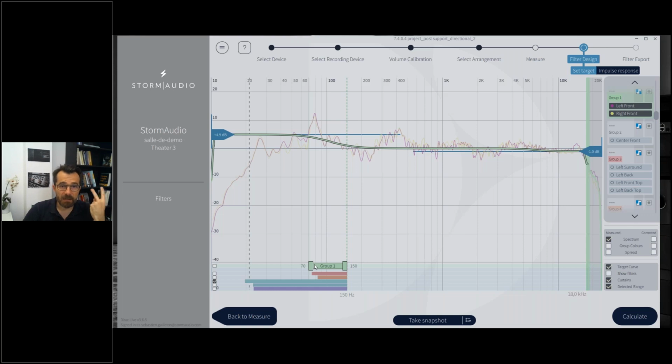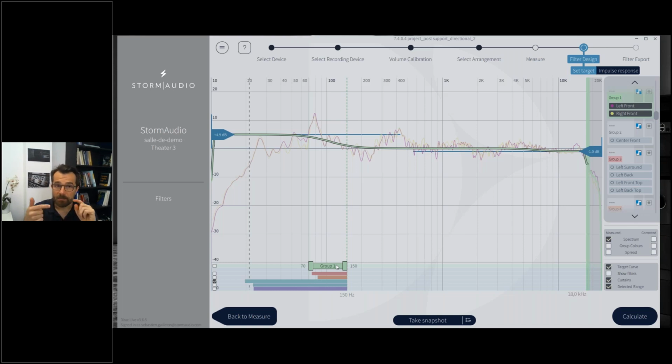It means that ART will use the signals of the different speakers and define filters for all the speakers within this group and play these filters down to 70 Hertz and no lower than that. So it defines the support range that ART will use.